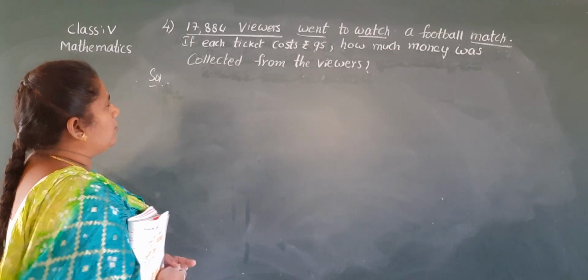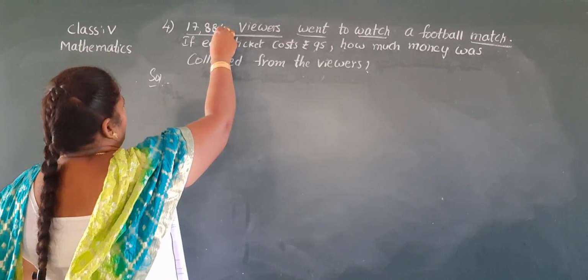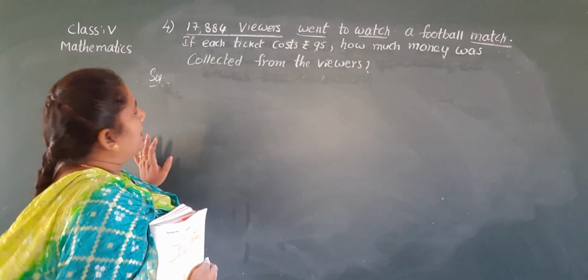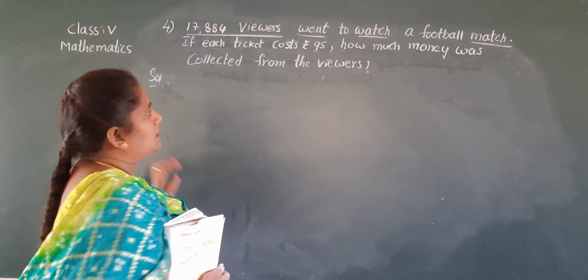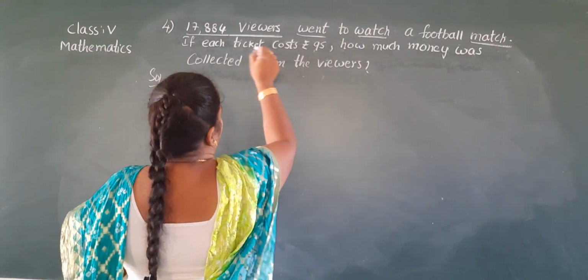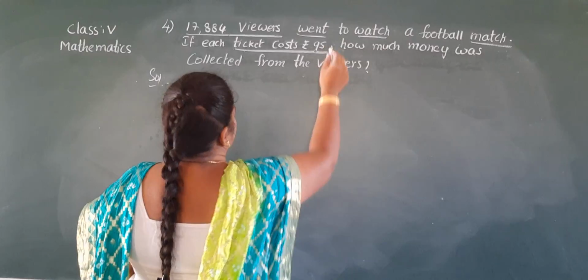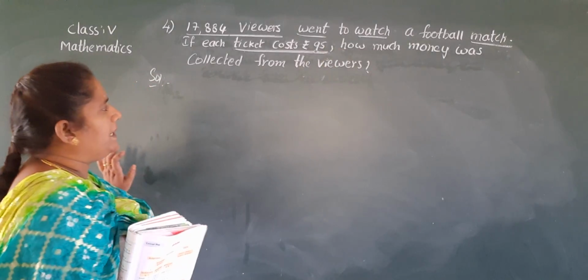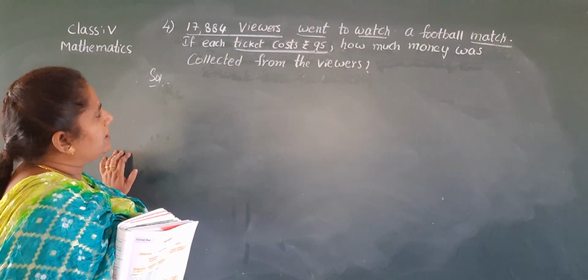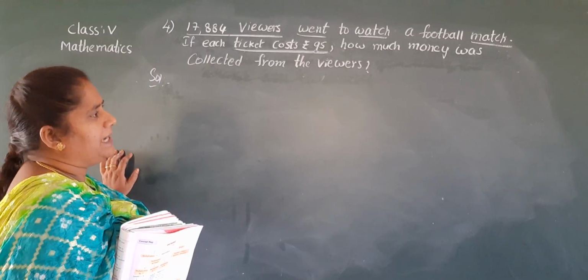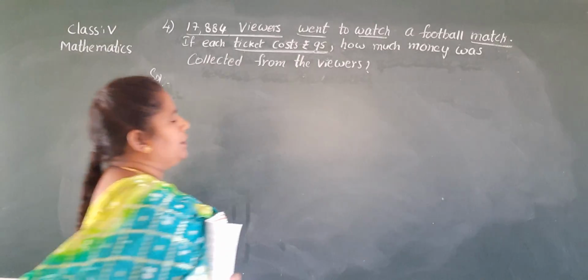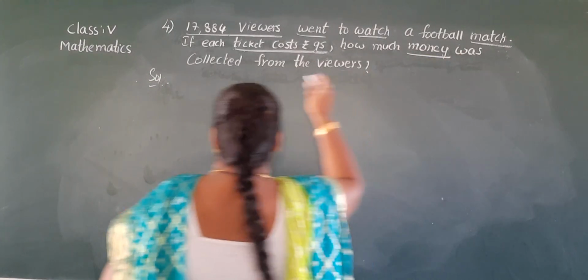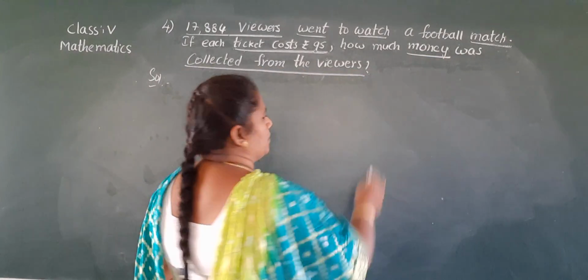So here, how many viewers went to watch the match? Yes, 17,884. So for the entry ticket, each ticket costs ₹95. So what is the cost of the ticket? Cost of the ticket is ₹95. How much money was collected from the viewers? Now we have to find the total money collected from the viewers.